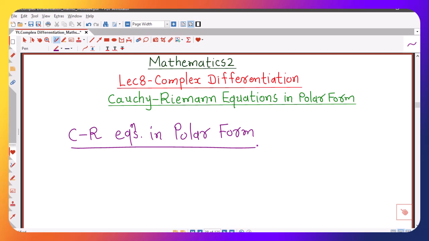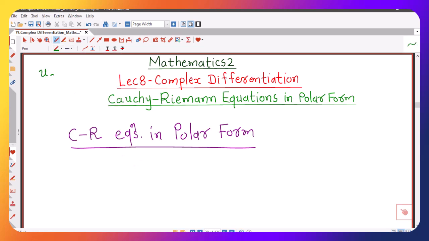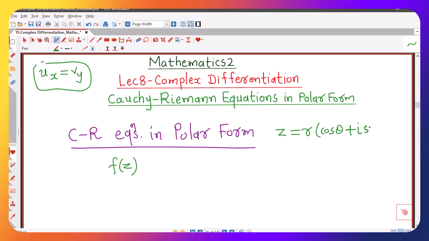We are writing Cauchy Riemann equations in polar form. Cauchy Riemann equations in Cartesian form are del u by del x equal to del v by del y. Before writing Cauchy Riemann equations, first we will be given some function f of z. In that function we will use the polar form z equal to r into cos theta plus i sin theta of the complex variable.